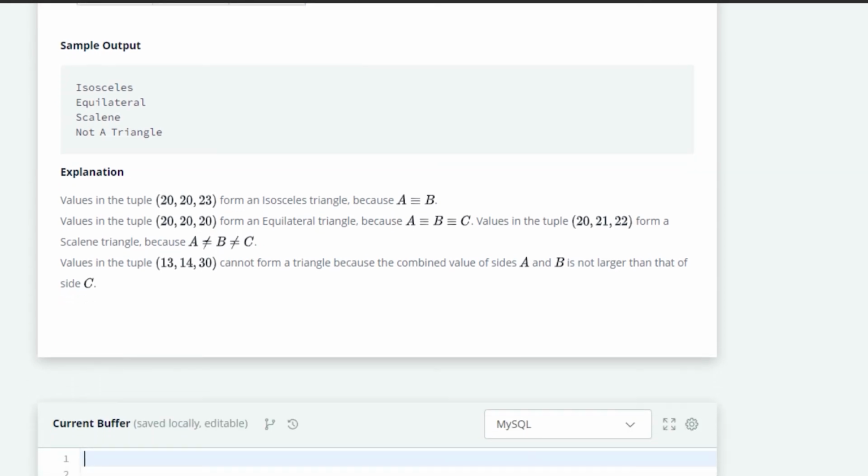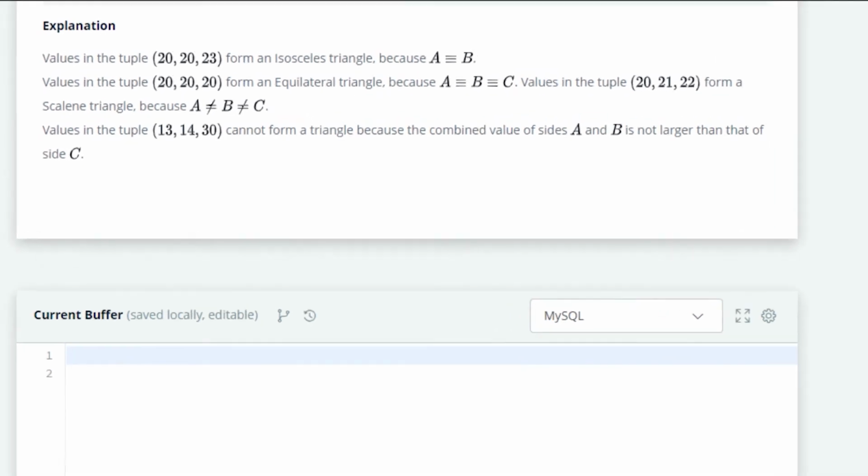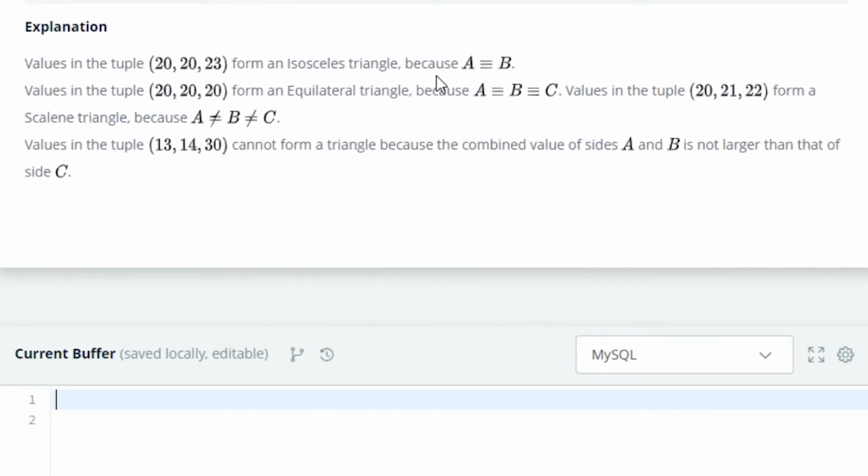Explanation: values in the tuple 20, 20, 23 form an isosceles triangle because A equals B. Values in the tuple 20, 20, 20 form an equilateral triangle because A equals B equals C. Values in the tuple 20, 21, 22 form a scalene triangle because A is not equal to B is not equal to C. Values in the tuple 13, 14, 30 cannot form a triangle because the combined value of sides A and B is not larger than that of side C.